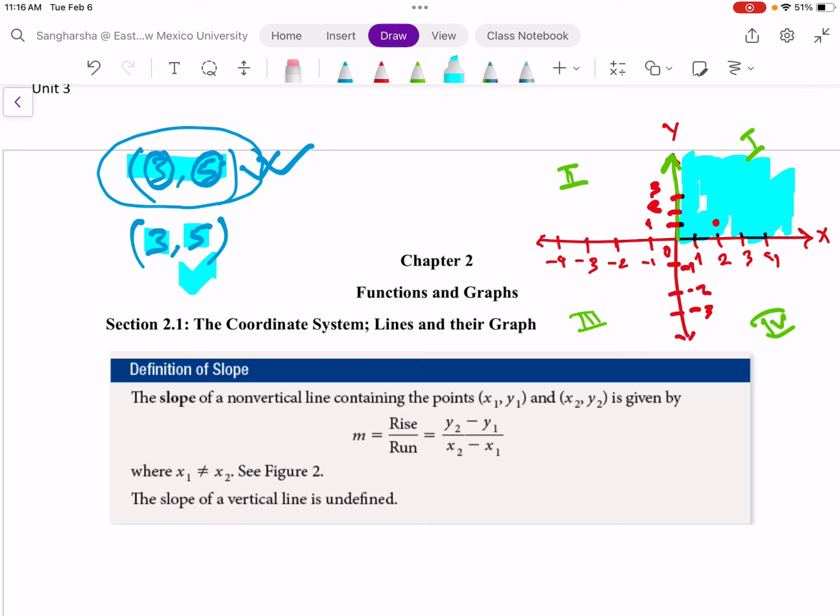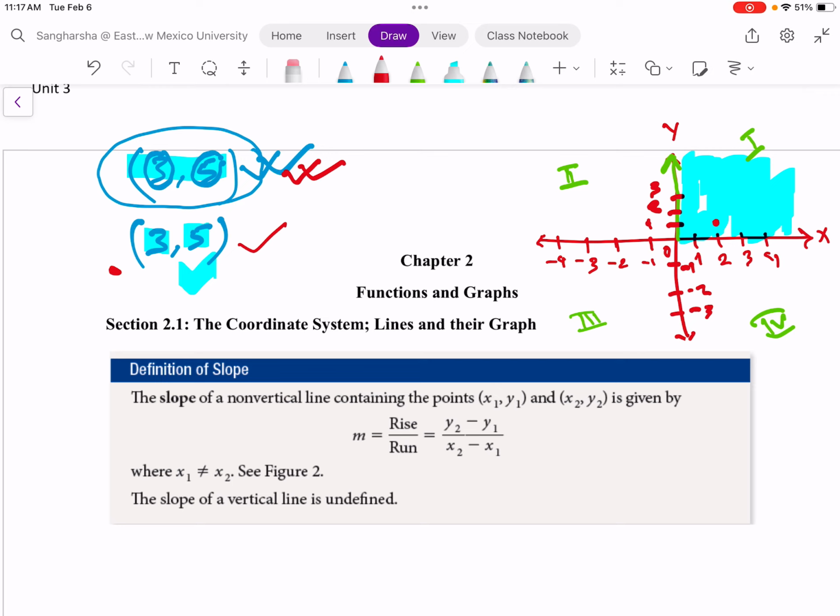If we are talking about the interval, we are talking about a set of numbers. But if we are talking about the ordered pair, it's just one point, the position of a point. So this (3, 5) is just a single point in the coordinate system, but the interval (3, 5) is a set of infinite numbers.